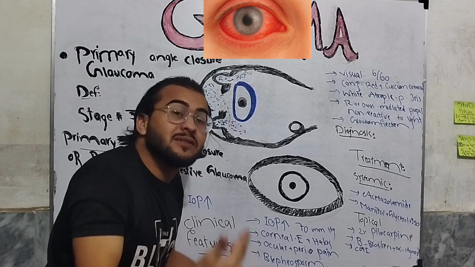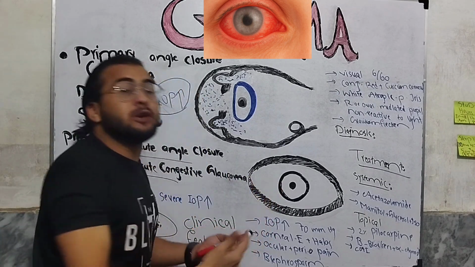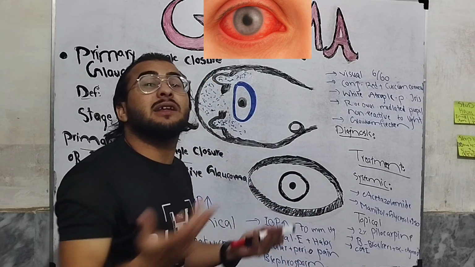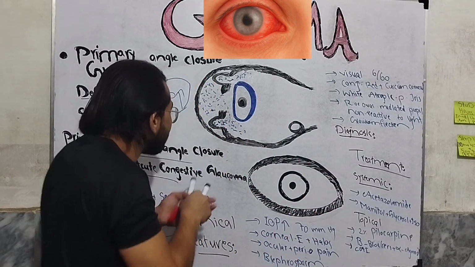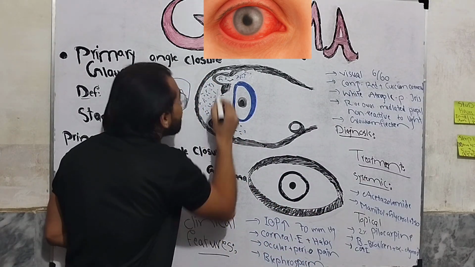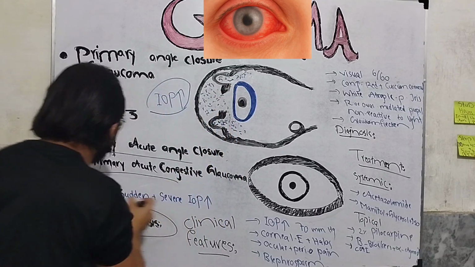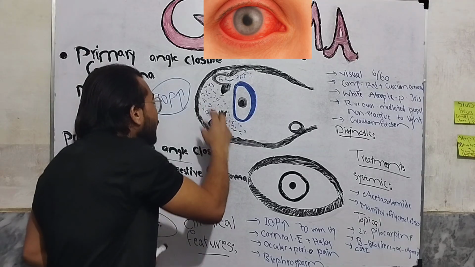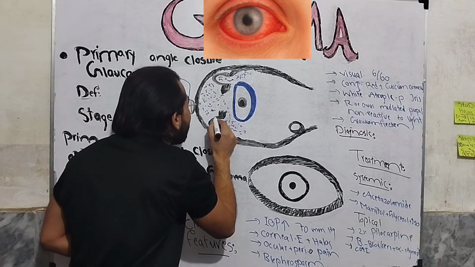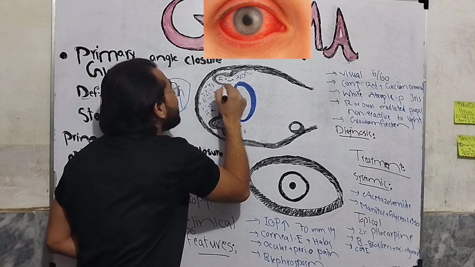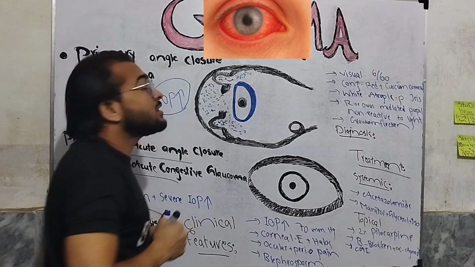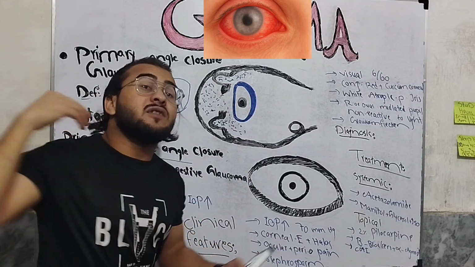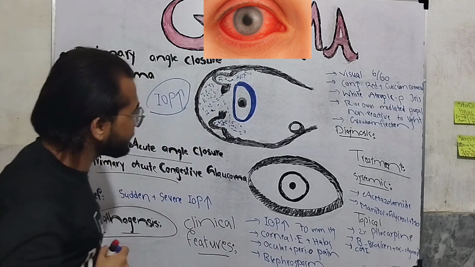And when the iris is ischemic, whatever we do, whether we expose the patient to bright light or the patient goes to sleep, nothing will happen because the iris is ischemic. So this is stage 3 of primary angle closure glaucoma, and this iris bombé will remain in this state, and it will cause severe elevation of intraocular pressure. That's why it will cause severe clinical features.